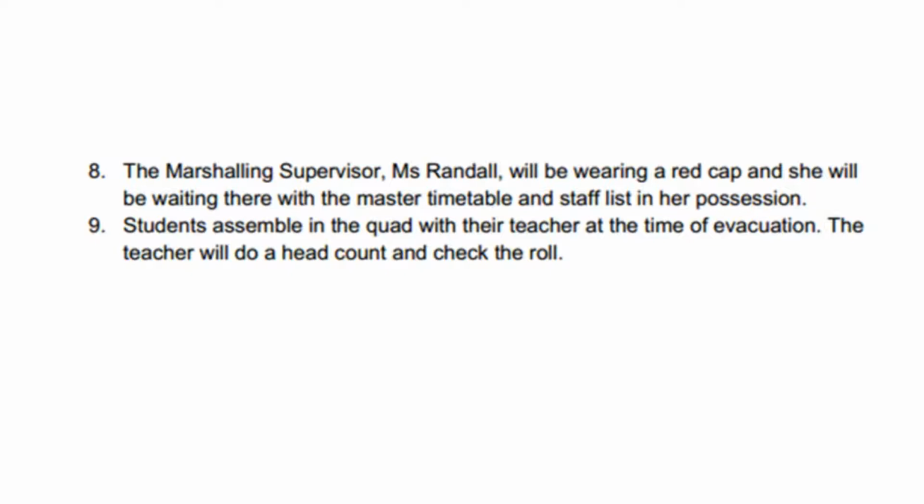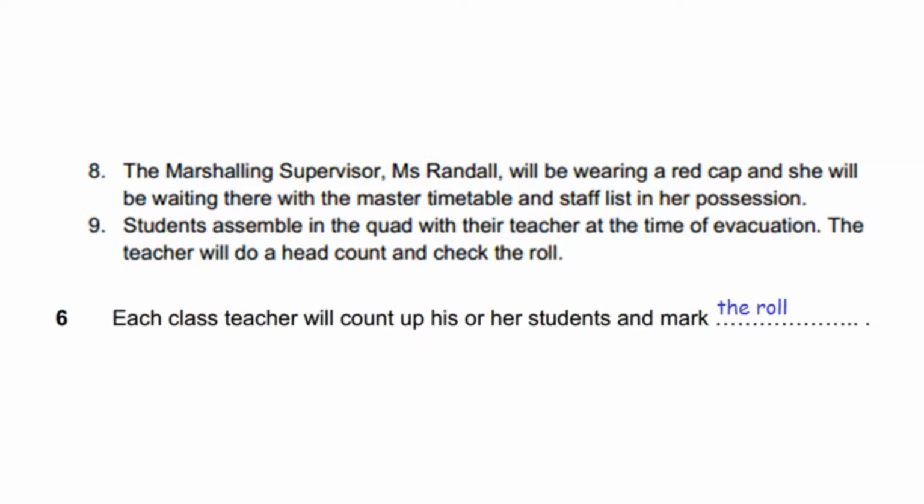So instead of saying each teacher will count up his or her students and mark the roll, they say the teacher will do a head count and check the roll. It means the exact same thing, but it shows why sometimes scanning the text for keywords will not work and why you need to read the text paragraph by paragraph to fully understand what the writer is talking about to try to find the answer to the question.